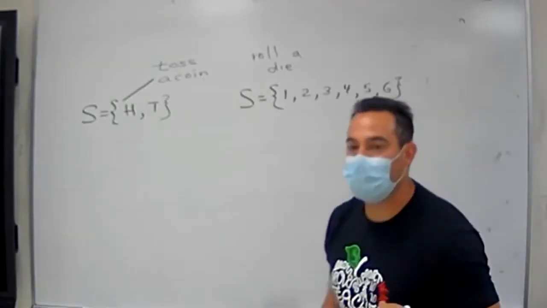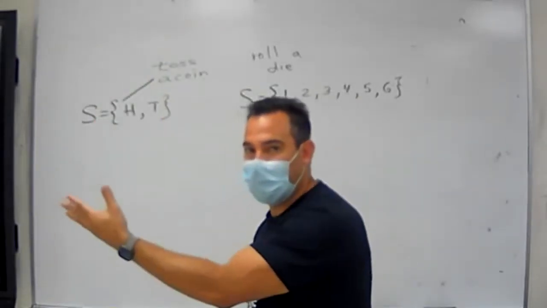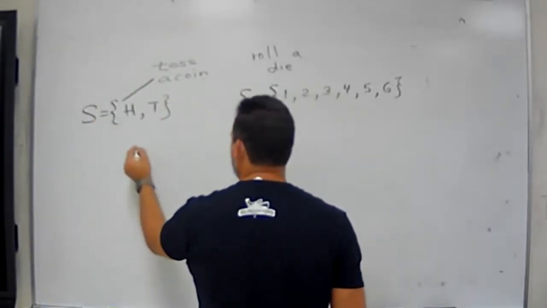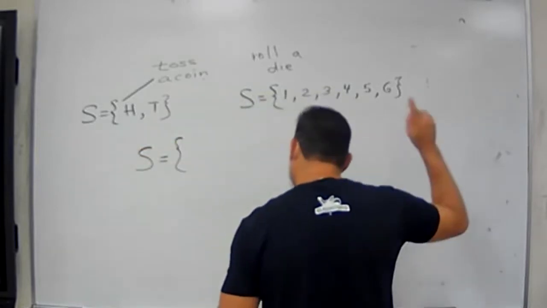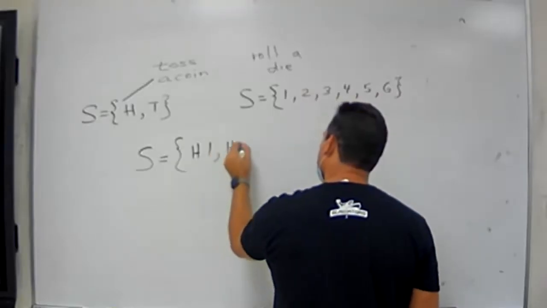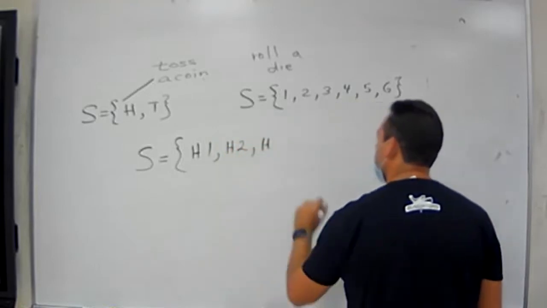Now, if you do them one after the other, toss a coin and roll a die, what would be the sample space of that? Well, heads and a 1, or maybe heads and a 2, or heads and a 3, and all the way up to 6, and then tails and a 1, tails and a 2.